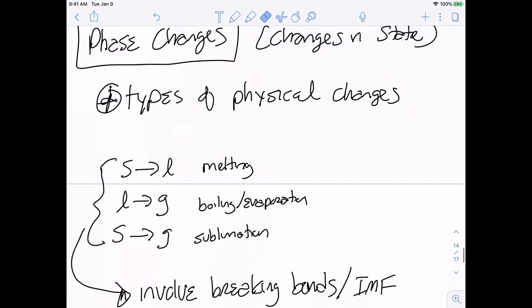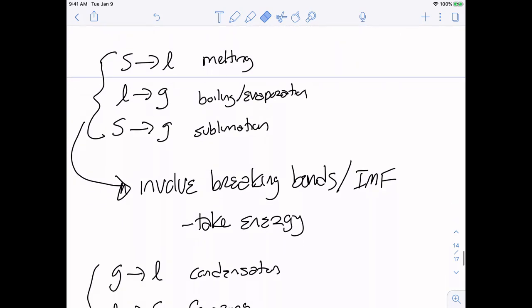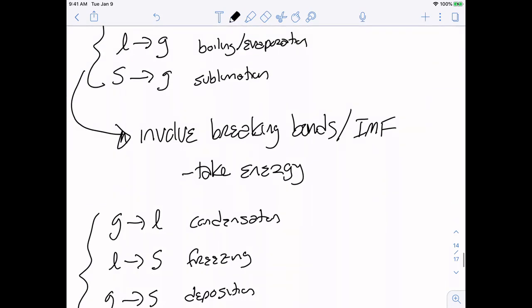So again, which ones are taking energy, which ones are releasing energy? We could actually relate this to our chapter 9 material, right? If it's absorbing energy, if it takes energy to do that, we're putting energy into the system, these would be considered endothermic, right? They're going to have a positive enthalpy change.